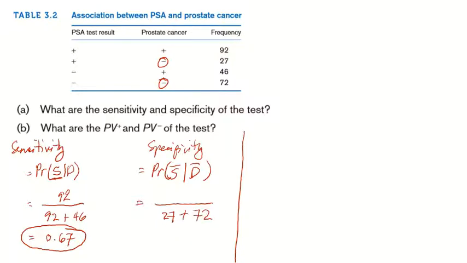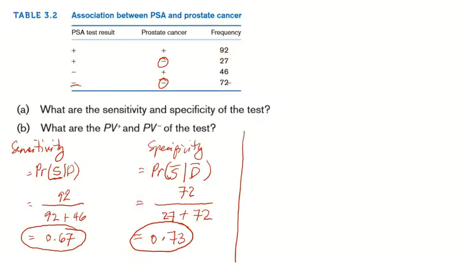Now, since specificity is asking for the probability of having no symptoms, which among these two doesn't have a symptom? It's this one, the 72 people, so 72. So if we compute for specificity here, the answer will be 0.73. So we're done with sensitivity and specificity.